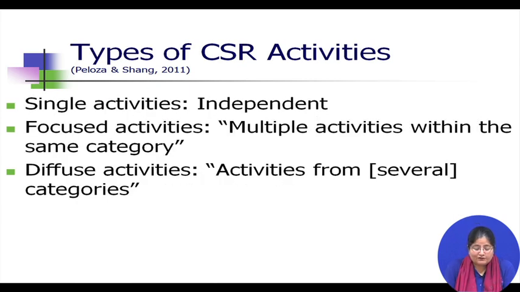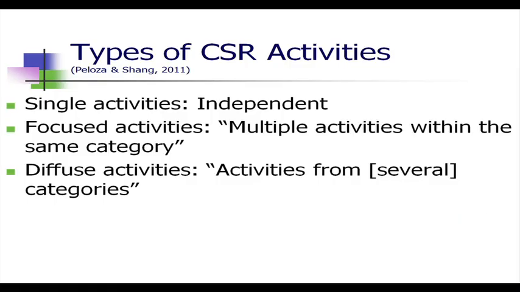Then focused activities are multiple activities within the same category. For example, we want to prevent child labor. We want to make sure that whatever we are doing, and I'll show you a very nice video about it in a few minutes. So, focused activities are, say, we want to make sure that our products are environment friendly. So, we do everything in our capacity.